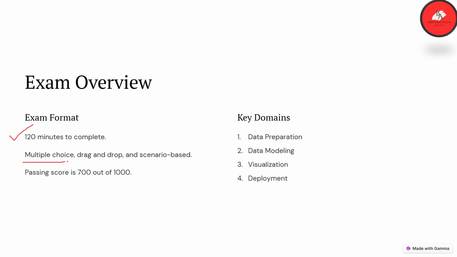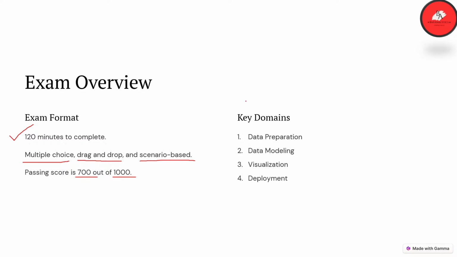Some multiple choice questions will be there, drag and drop questions will be there, scenario based questions will be there. The whole exam is of 1,000 marks, or you can say score, out of which you have to score a minimum of 700 marks. Then only will you qualify for the certification.